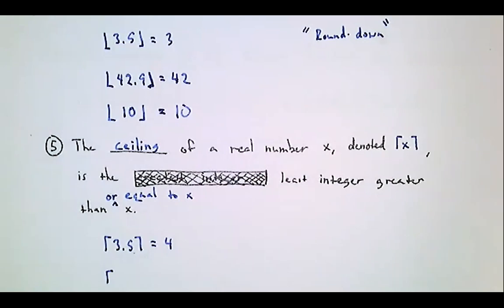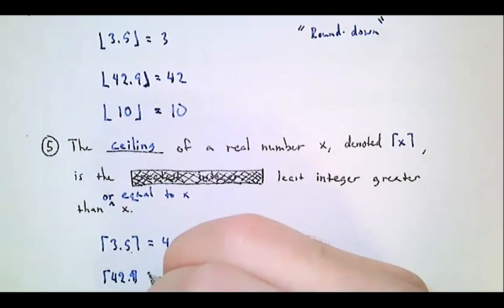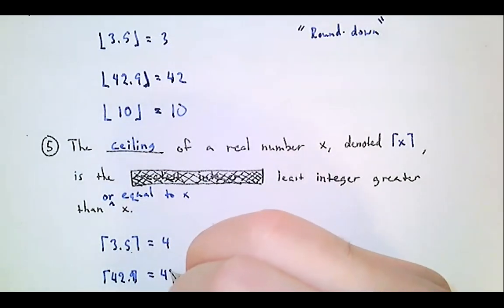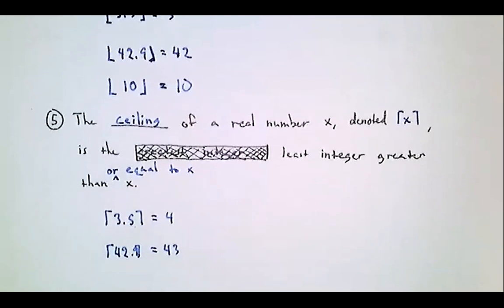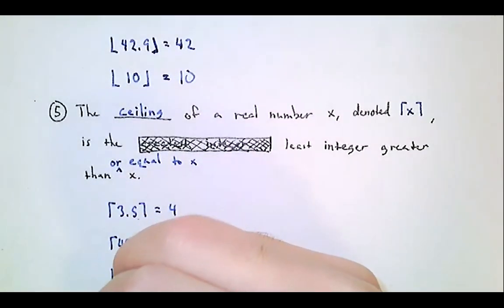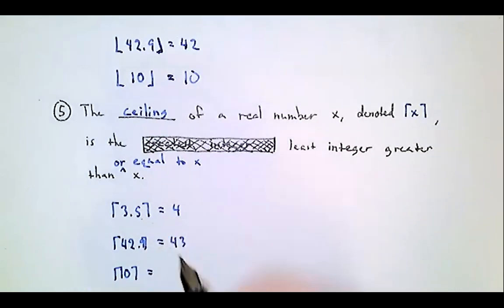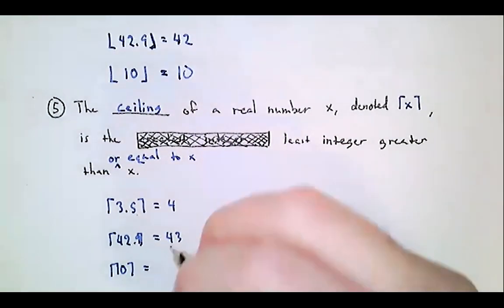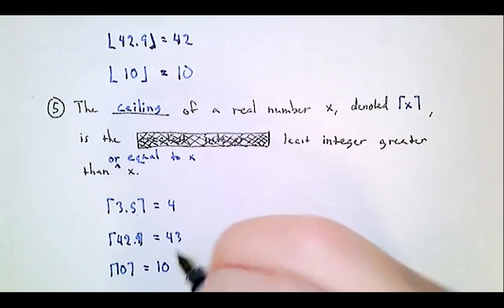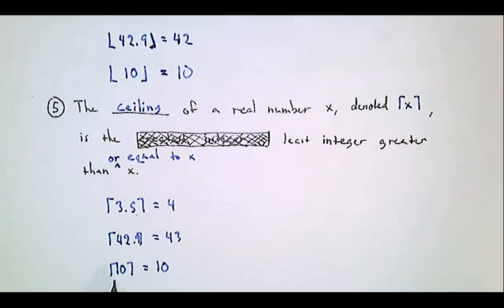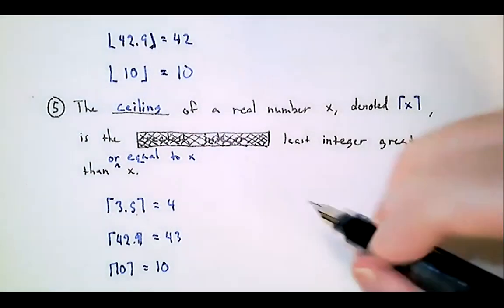The ceiling of 42.9, we go upwards to 43. The ceiling of an integer, like 10, would just be the number that you started with, since you're already at an integer, so it's equal to what you started with.